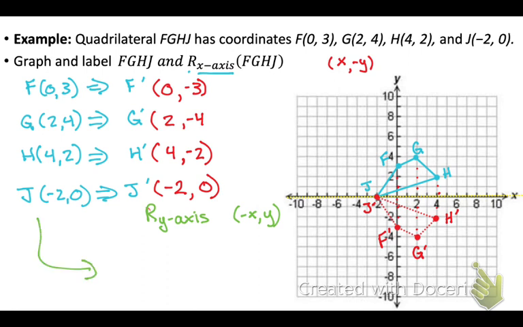Yes? So what would F, we're going to put double prime this time, just because it's a different one, right? What would it be? 0, 3. Because you can't put a negative 0, can you? No. Okay, what would G double prime be? Negative 2, 4.